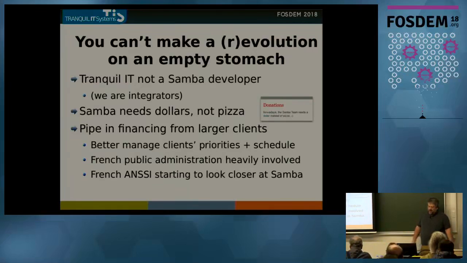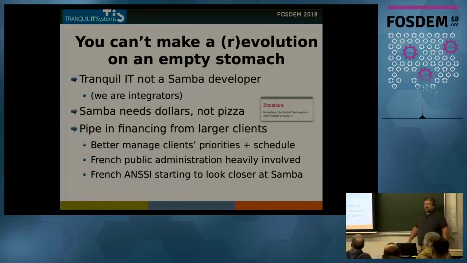And so currently, in the last 2 years, we have been able to work with the French government on financing some parts of Samba, which allows them to better manage the priorities and the schedule for new functionalities that are required for the deployment. French public administration has been heavily involved in the Active Directory part, not the Samba file server part, but the Active Directory part.